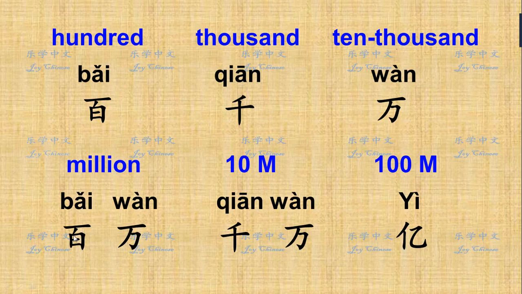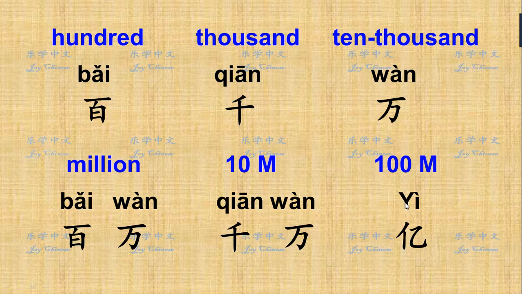In China, we say 100万. Okay. When we go to 10 million, we say 千万, 1,000 times 万. We use 万 as the base. Okay? So 1,000 times of 万 is 10 million.